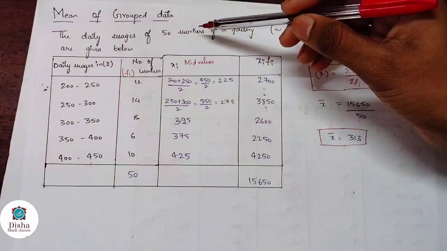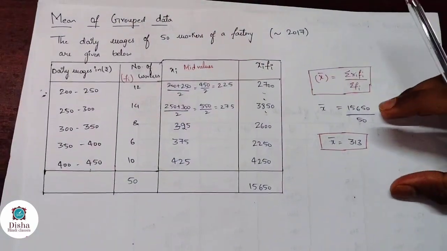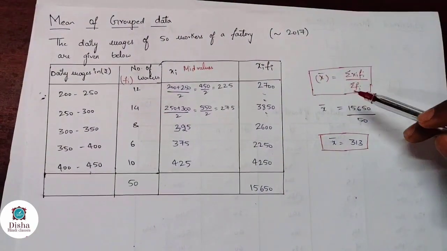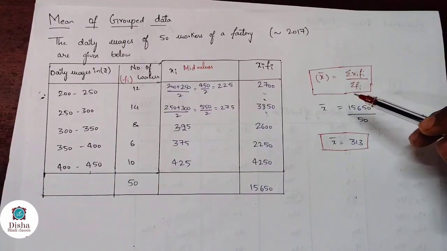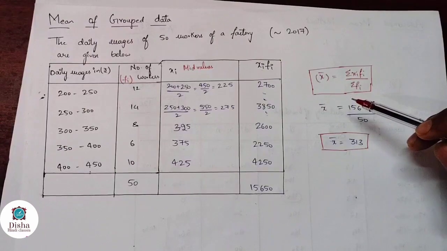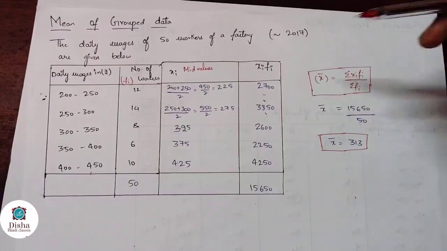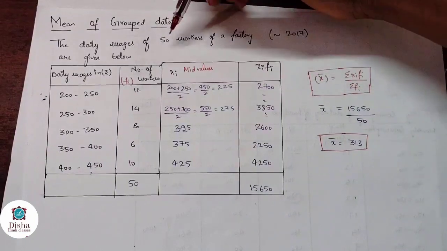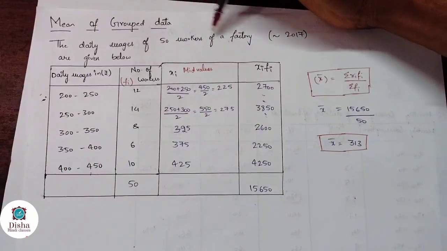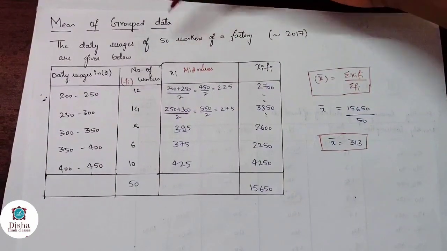now we'll be looking at the mean of grouped data. We have earlier looked at the ungrouped data, which have direct frequencies and the marks obtained, or xi, given. Here we will be looking at the grouped data. Daily wages of 50 workers of a factory are given below.